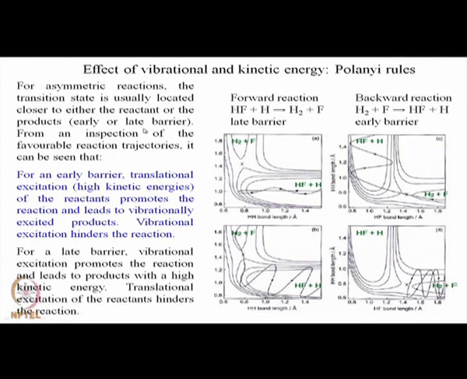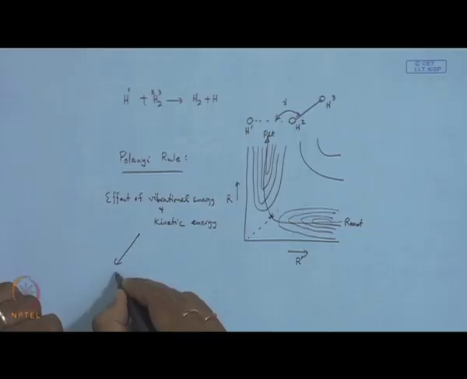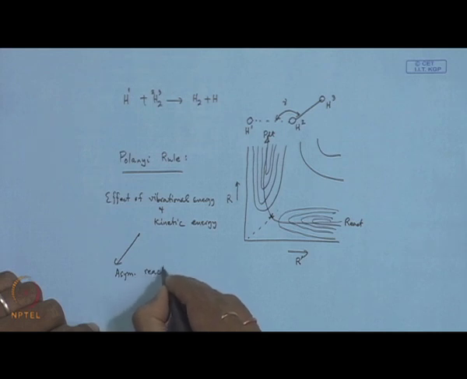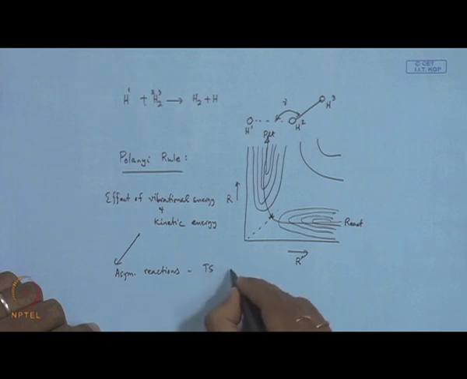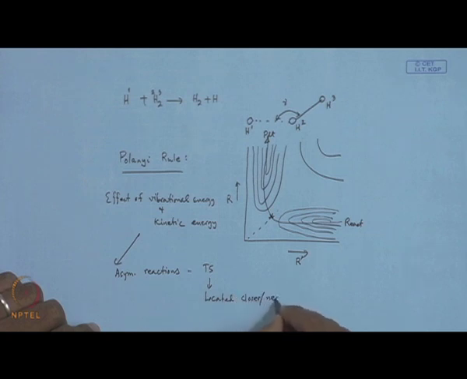If it is close to the reactant side, so asymmetric reactions, the transition state is located closer or nearer to reactant or product.